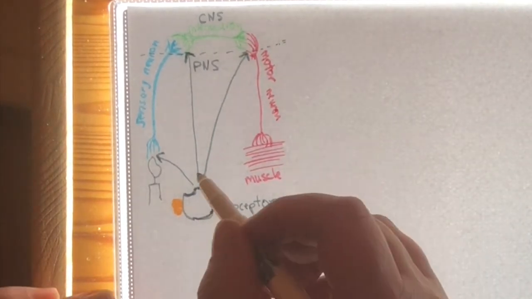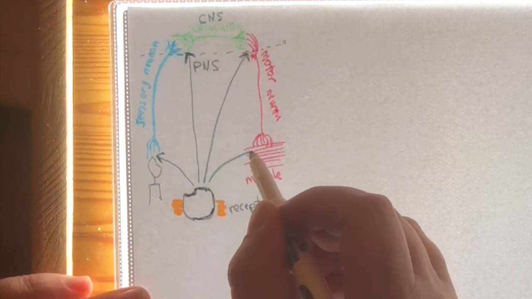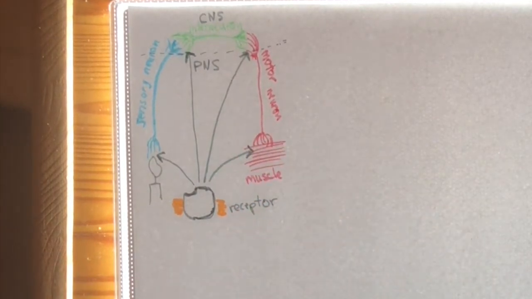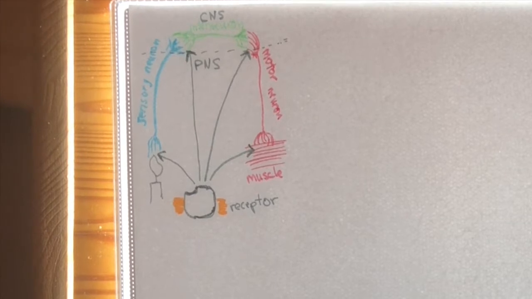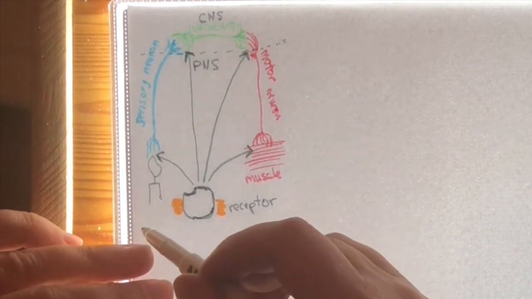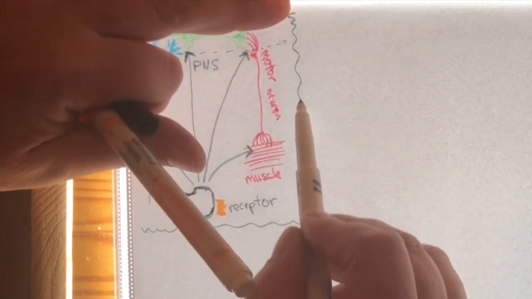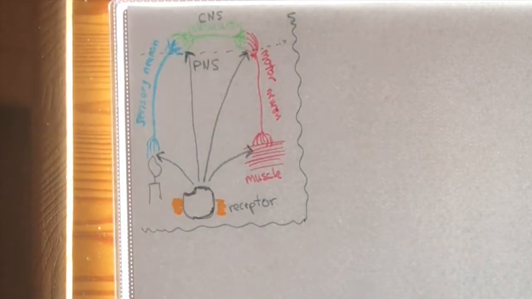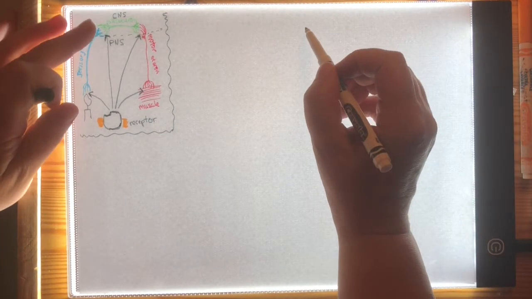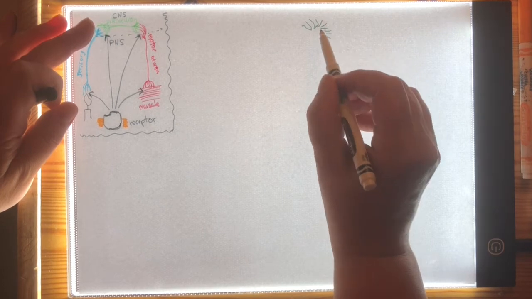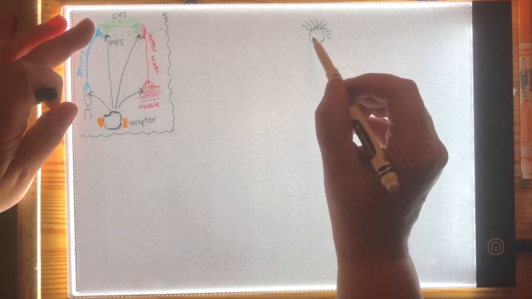The motor neuron needs to be able to receive information from the interneuron, and there have to be receptors additionally at the level of the muscle itself in order to receive the information from the motor neuron. So I've found that this is the most challenging concept for students to get across, is that connection between one neuron to the next to the next. There's got to be a receptor there. We're going to be talking quite a lot about them.